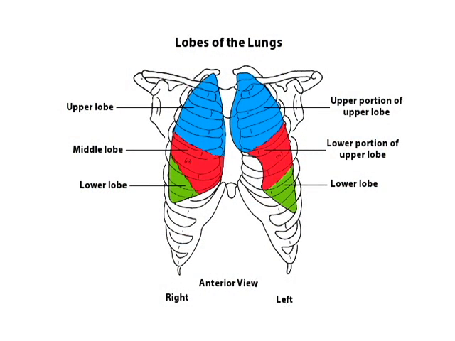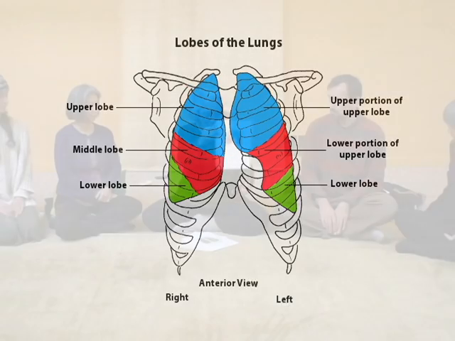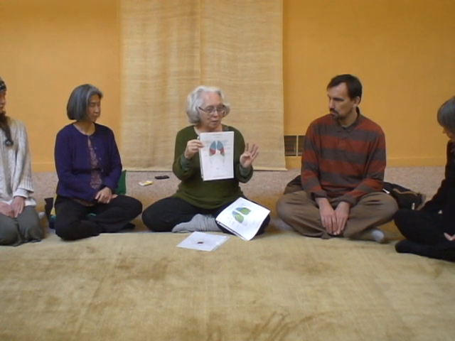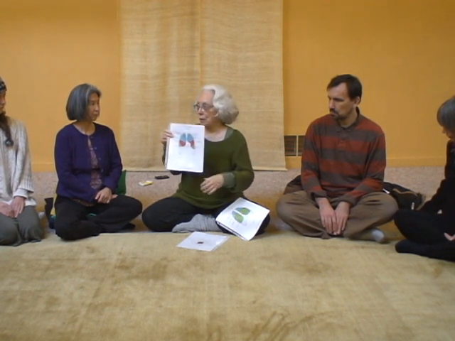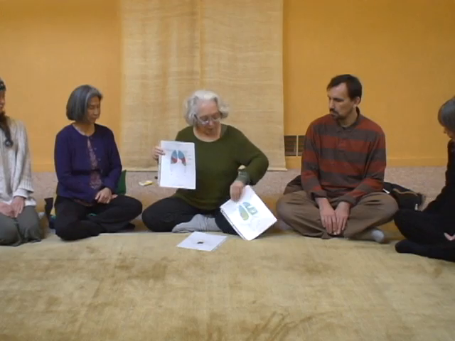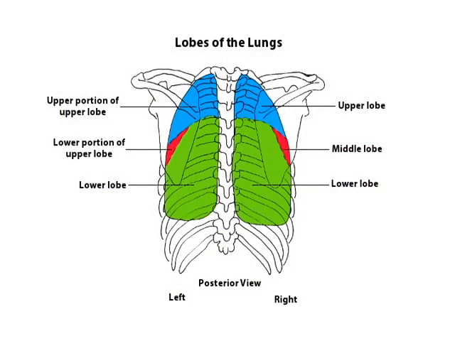So the red, the blue, the red, and the green are about the same size, even though one is a division within the lobe itself, and one is a separate lobe. When you look at the back, you can see how the lower lobe covers most of the middle lobe.